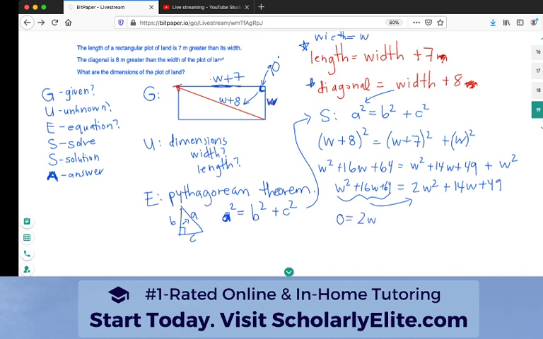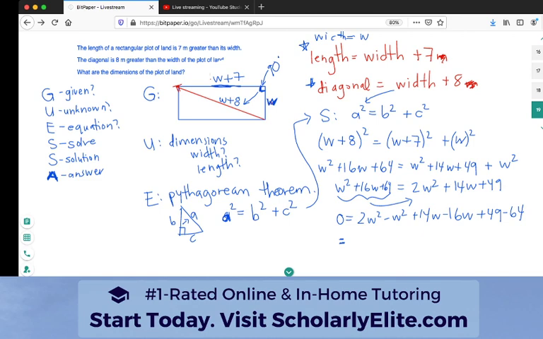We've got 2W squared minus W squared plus 14W minus 16W plus 49 minus 64. And we're going to get, and I'll give you guys a second here to just catch up with what I'm doing. So if you're writing this down, let's make that equal.